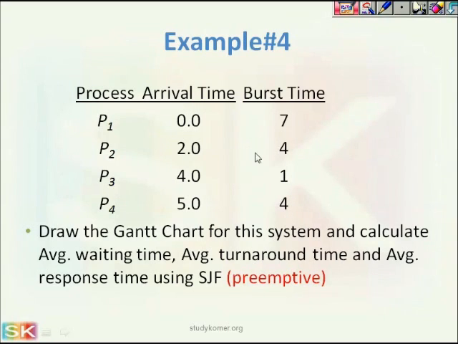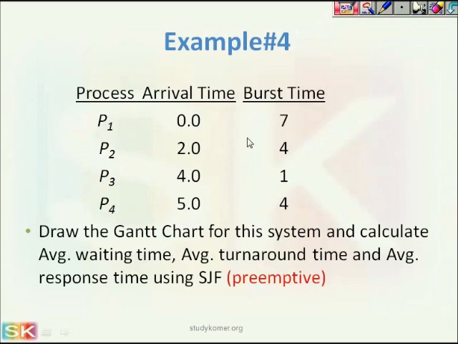P2 is there, which has 2 units of burst time left, and P1's left burst time is 5 units because 2 units it has completed. So P1 has 5 units, P2 has 2 units, P4 has 4 units.